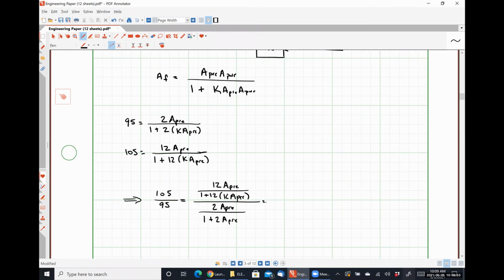And this is the same as 12 A pre over 1 plus 12 K A pre. Sorry, I noticed that I did not include the K, this should be 2 K A pre.